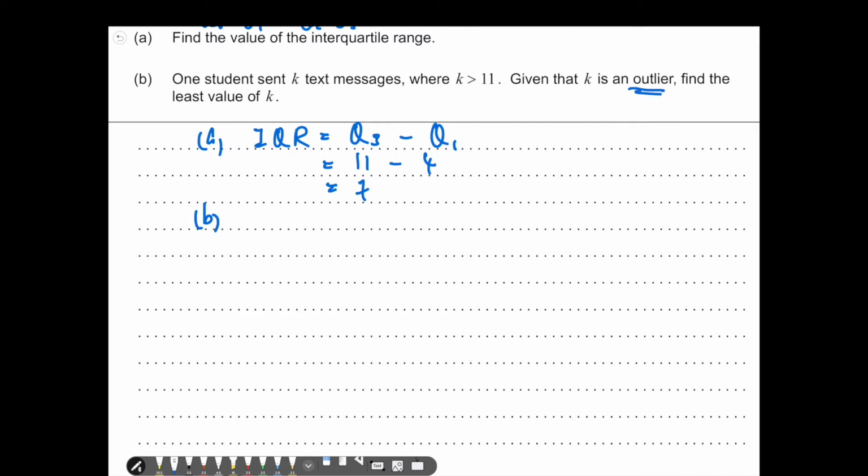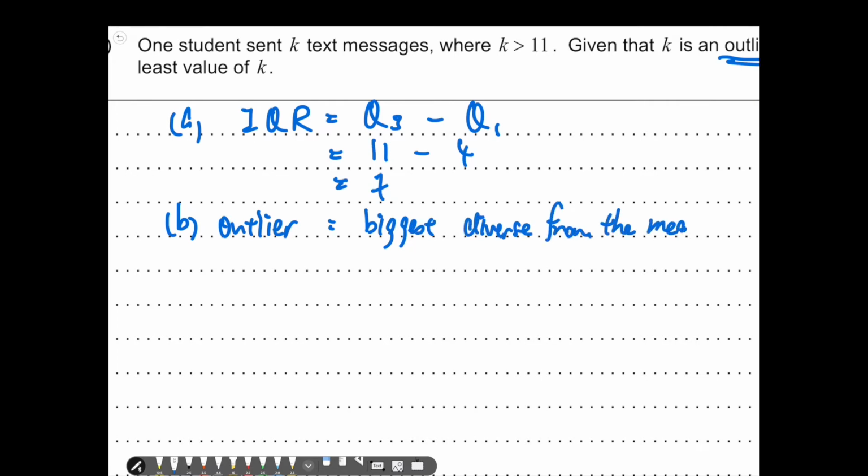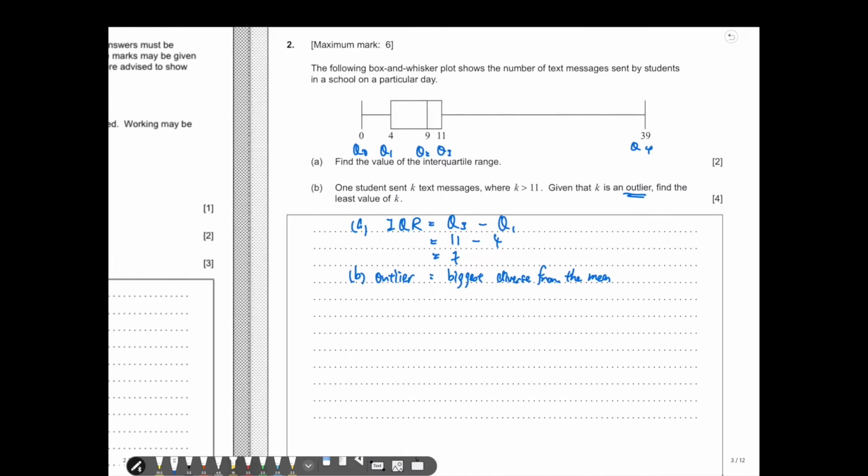We have to know what an outlier is. An outlier is the value that diverges the most from the mean. But here, it means that we can have the lowest outlier or the biggest outlier. So we have to specify that we want to find the maximum number.